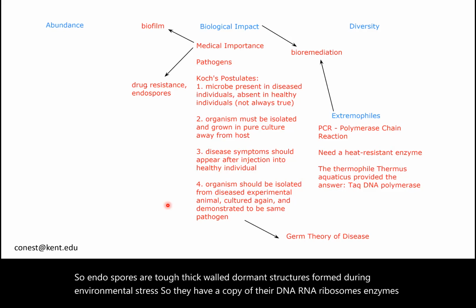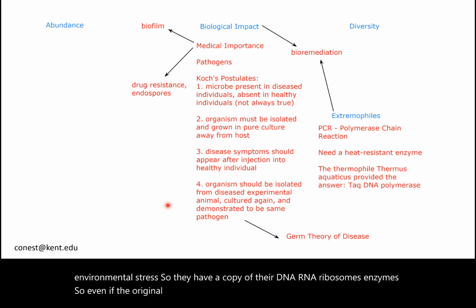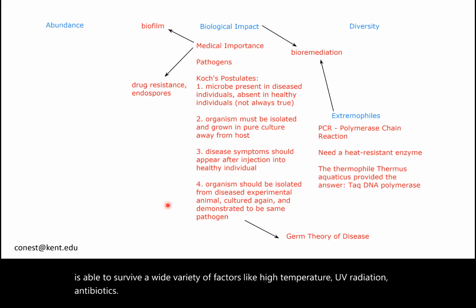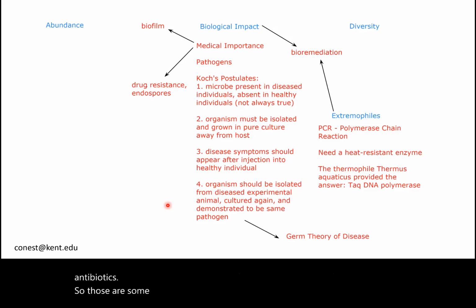So even if the original cell breaks down, the endospore still is able to survive a wide variety of factors like high temperature, UV radiation, antibiotics. So those are some ones to talk about in terms of medical importance. And another one is, of course, there are a ton of bacteria that are pathogens, which means they can cause diseases.